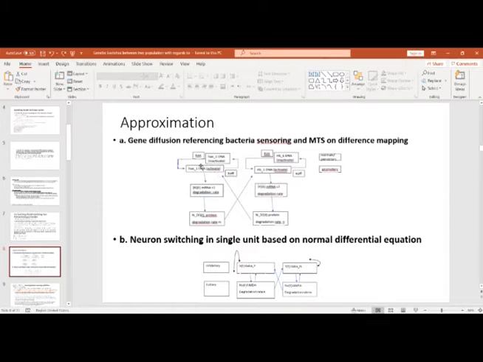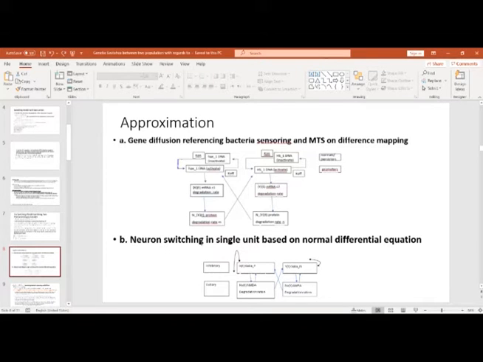Then it can go to the second state, and we see this first one as the first unit and this as the second unit.